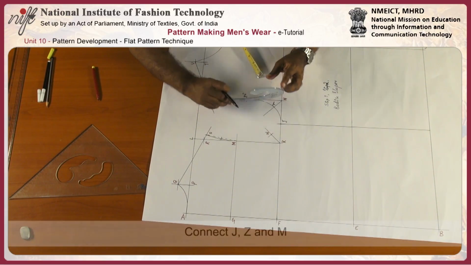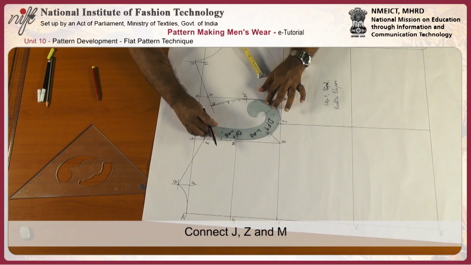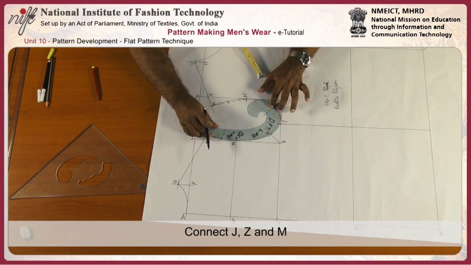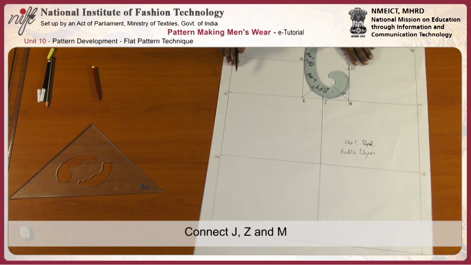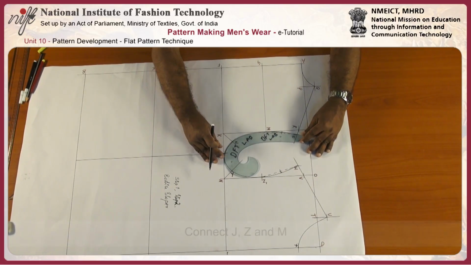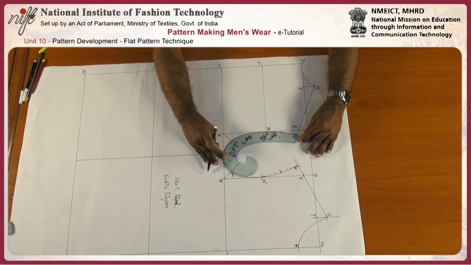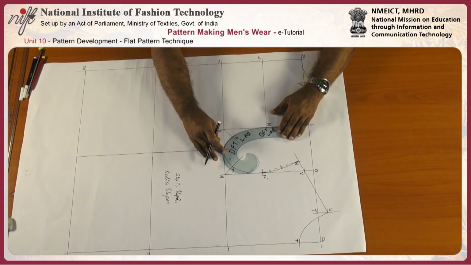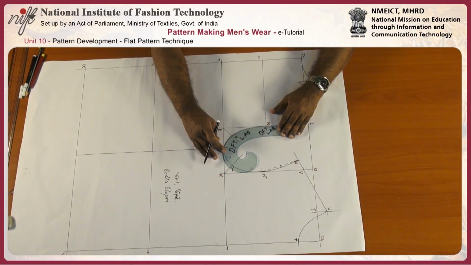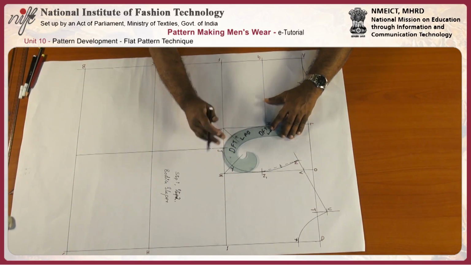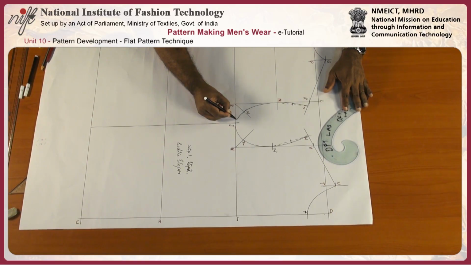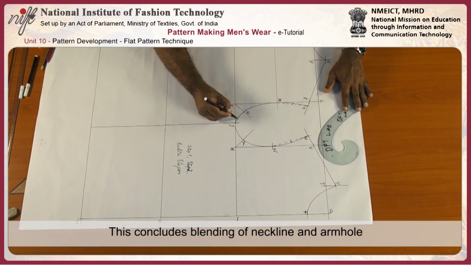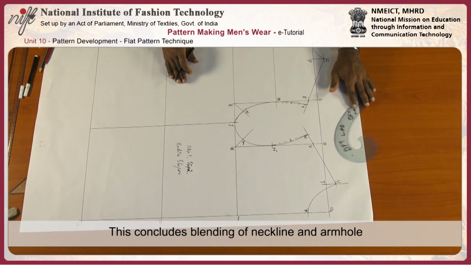Then this will be like this. Then connect J, Z and M. Here it can be done with free hand so that it will take a blend with the straight line.